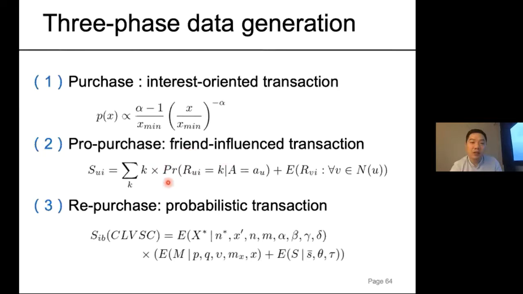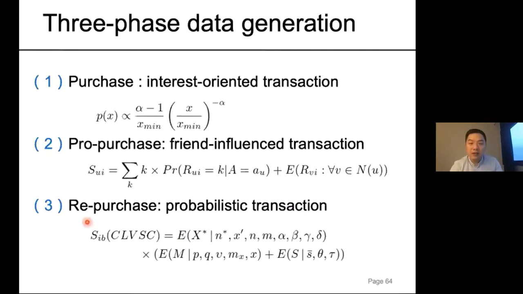First of all, the person's basic data like gender, age, and location. And the second is the average feedback from their friends. So we derive a scoring function based on the naive Bayesian method and the average rating of their friends.